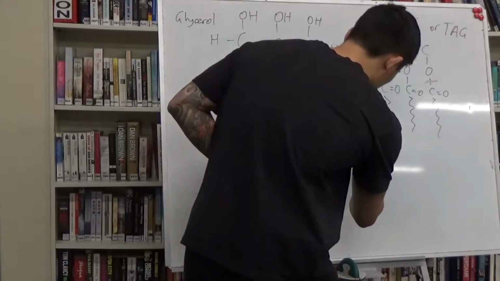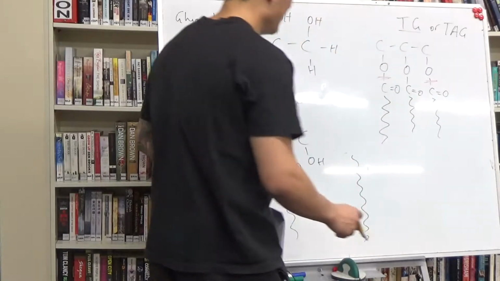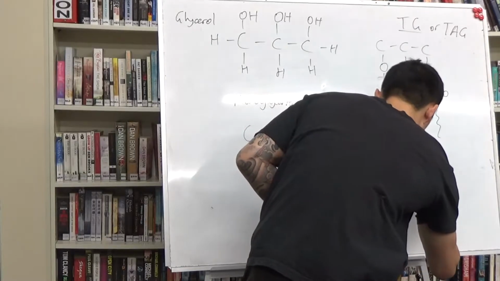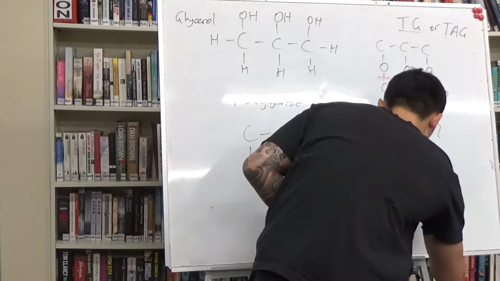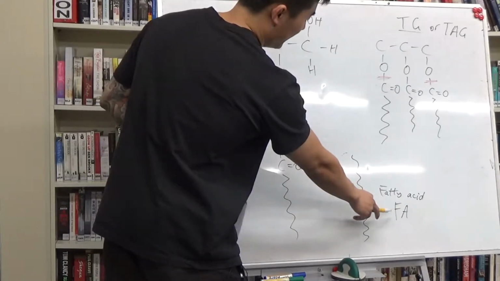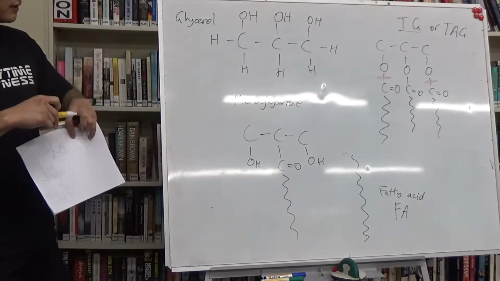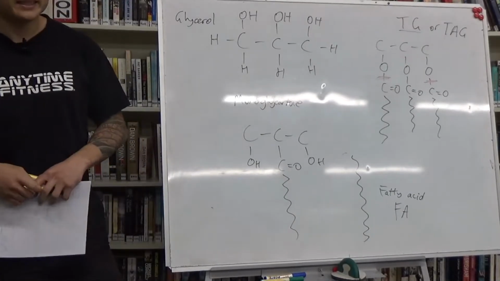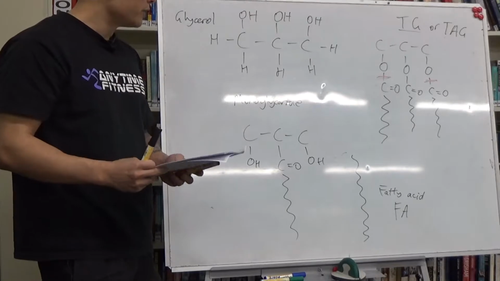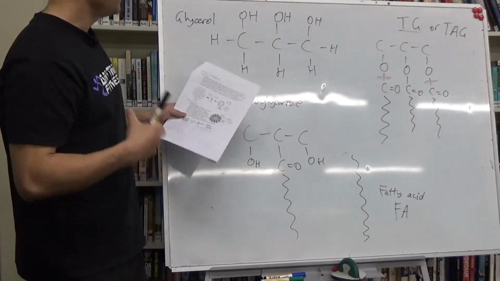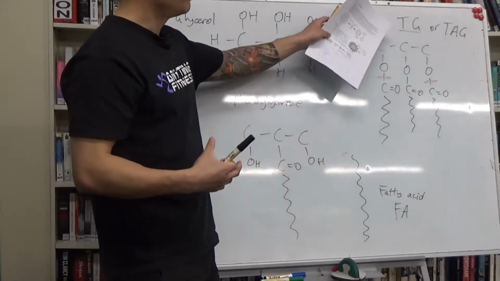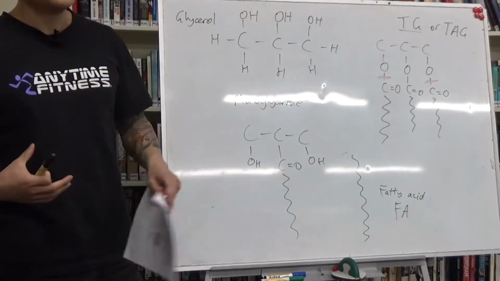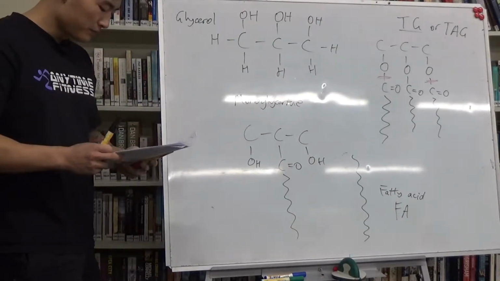And if you have a fatty acid, and I'm going to abbreviate fatty acids as FA from now on, fatty acids can also pass through the intestinal cell membrane. That's the whole reason why we need pancreatic lipase: to break down the triglycerides so that they're small enough to get through the intestinal cell membrane.